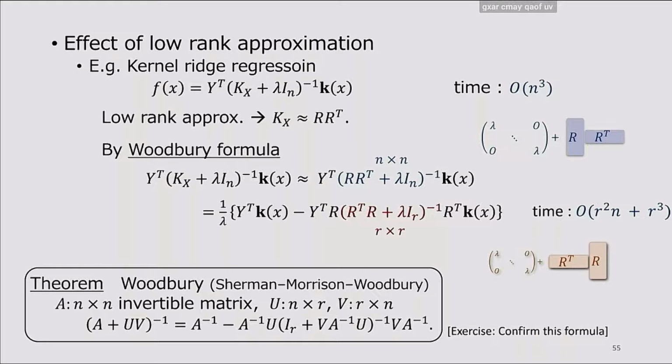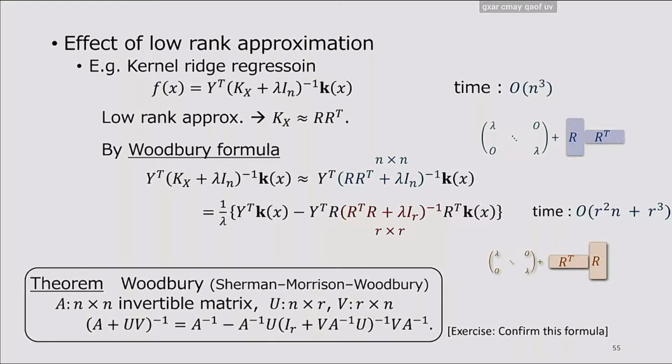If R is much smaller than n, this inversion takes only R cubic, which should be much smaller than n cubic. This trick is guaranteed by a famous theorem called the Sherman-Morrison-Woodbury formula.